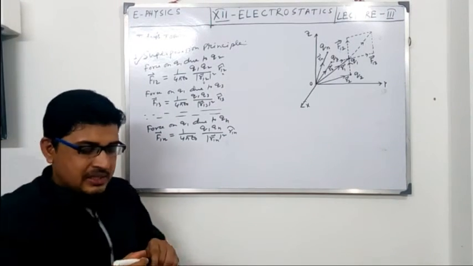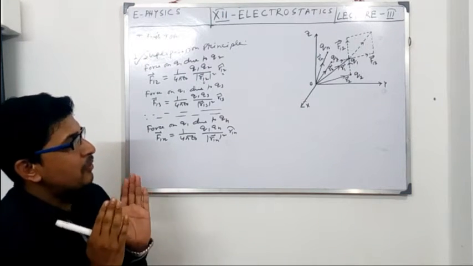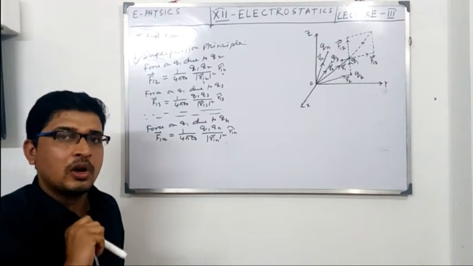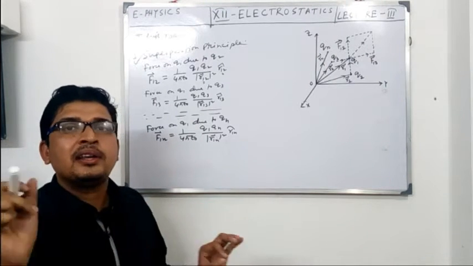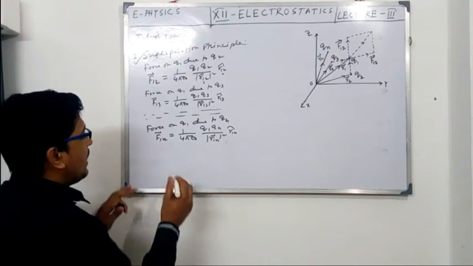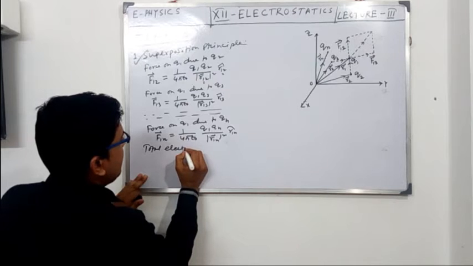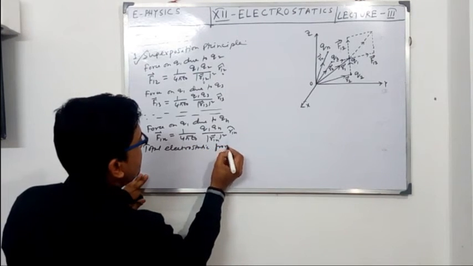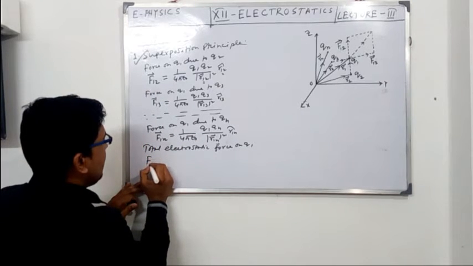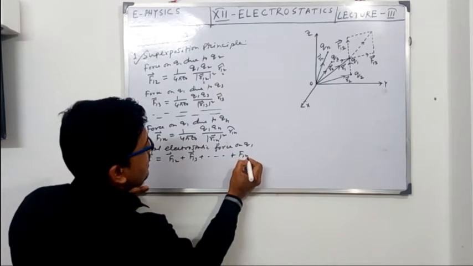Now we shall see what is the statement of the superposition principle. What it states, in a simple way: for each charge particle, the electrostatic force applicable on Q1, you just add those forces vectorially, and that becomes the superposition principle. So this is now the total electrostatic force on Q1 will be F12 plus F13 plus F1n.